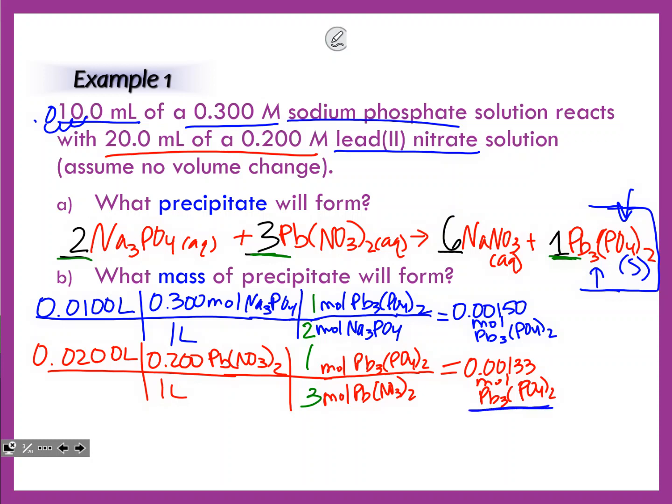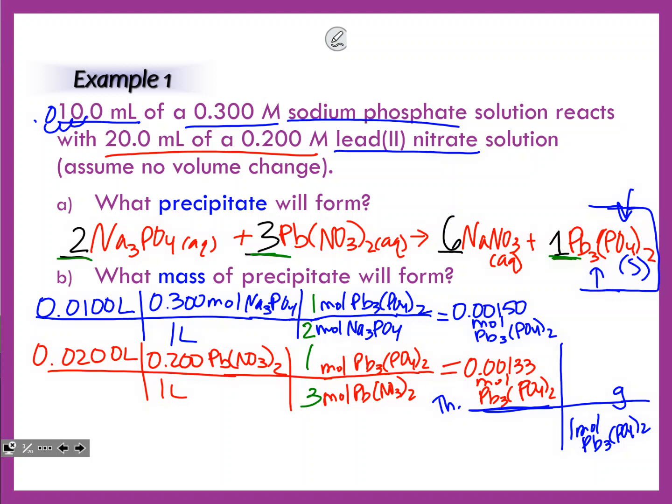This one is our theoretical. So this is the one we need to change over into grams to get the precipitate. And 1 mole of the Pb3(PO4)2 gives us how many grams? I want to say it's in the 800s because lead is massive.